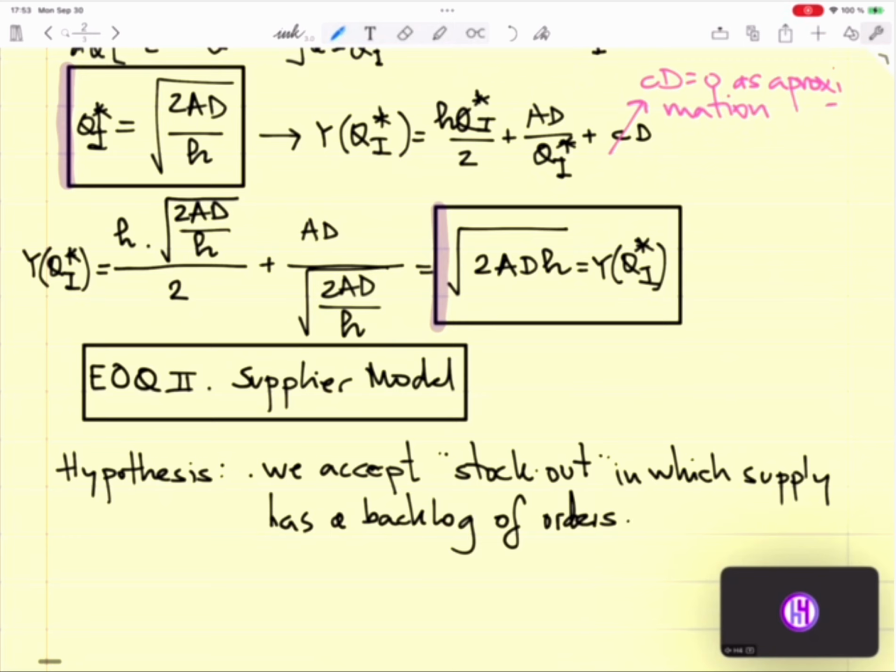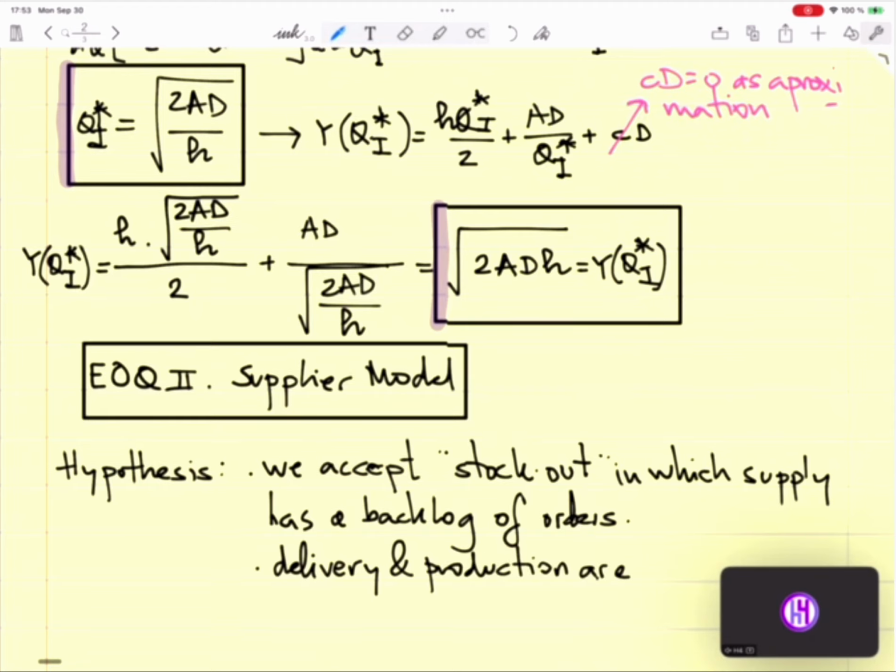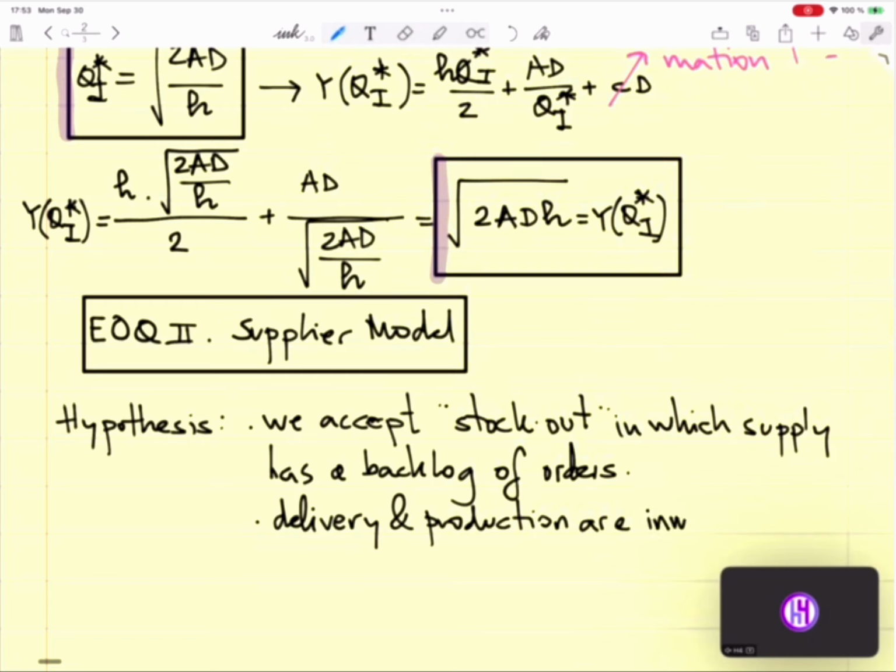Then you have also delivery and production are immediate. This is also not true in reality, but this is just the intermediate model. Here also demand is constant.